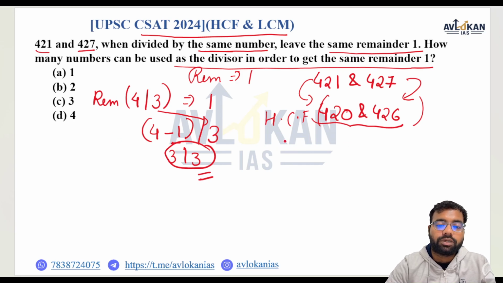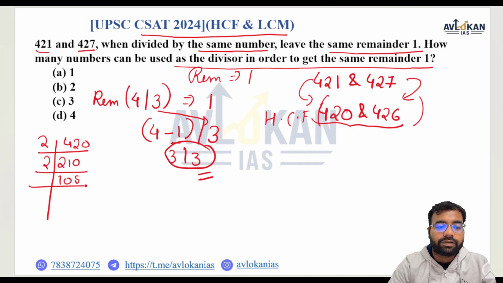Before finding the HCF, let's find the factors of 420 and 426. 420: 2, 210, 2, 105, 3, 35, 5, 7, 7, 1.